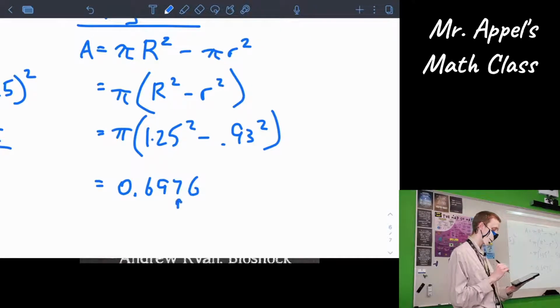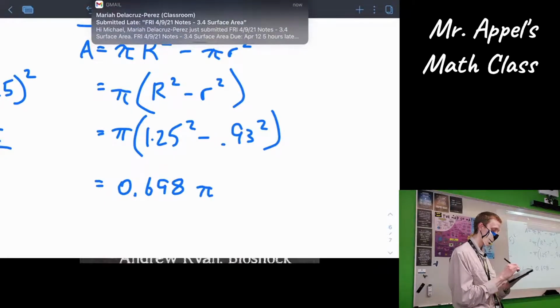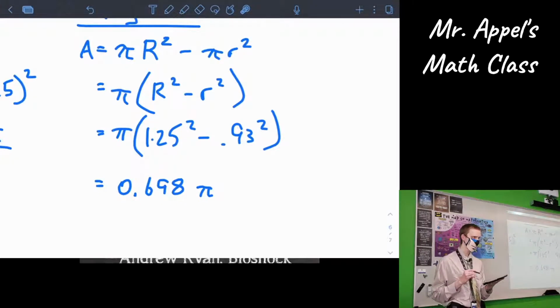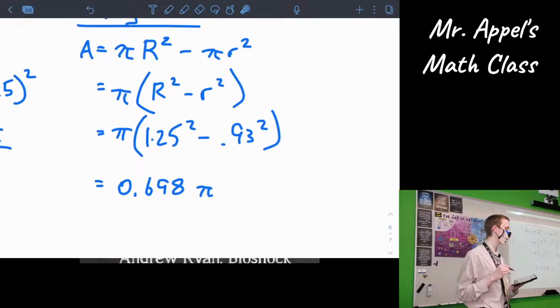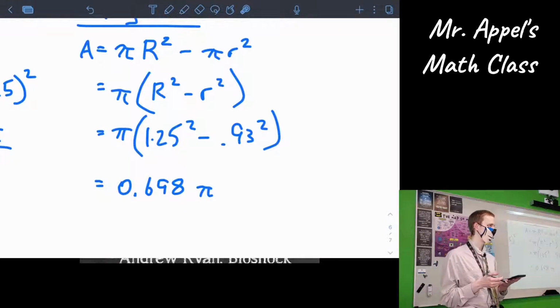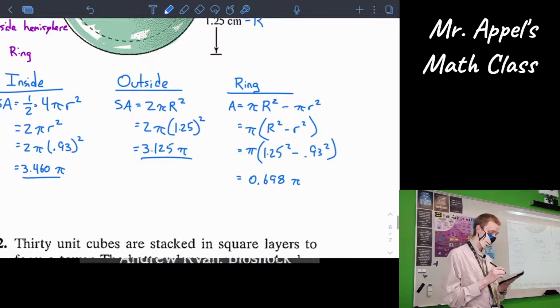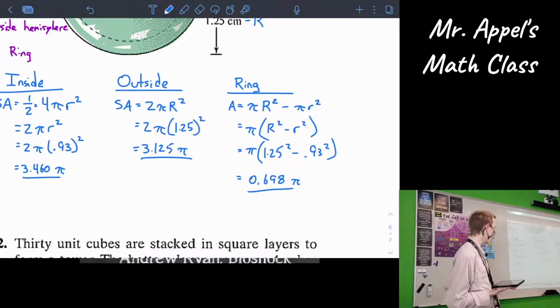So to 3 decimal places would be 698, right? I want to keep 3 decimal places for now. Okay, so there's my 3 pieces.